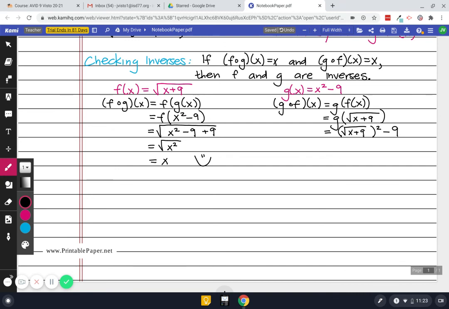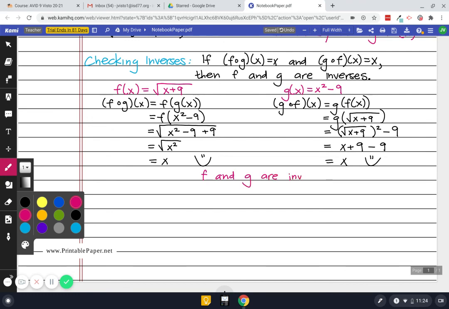So that square root pops into where I had those parentheses. The squared and the square root cancel, and I'm left with x plus 9 with a minus 9 in the back. Plus minus 9 cancels, and we get x again. This means f and g are inverses.